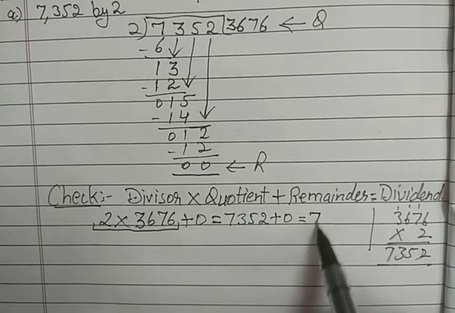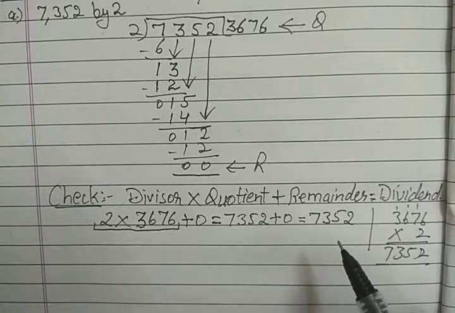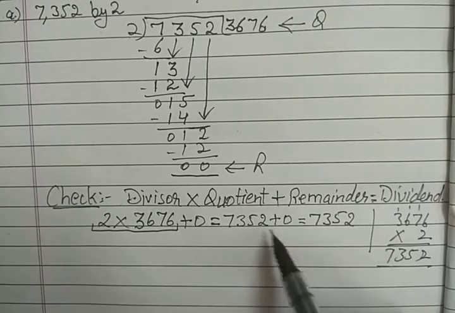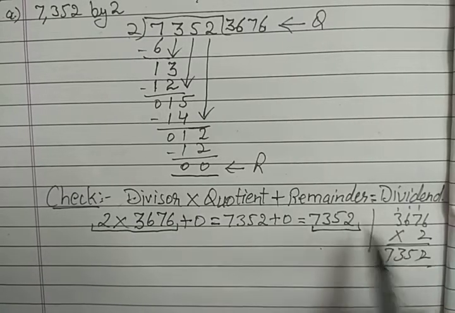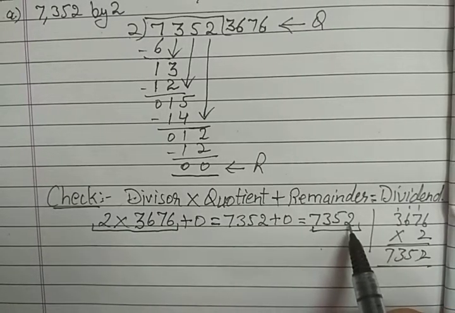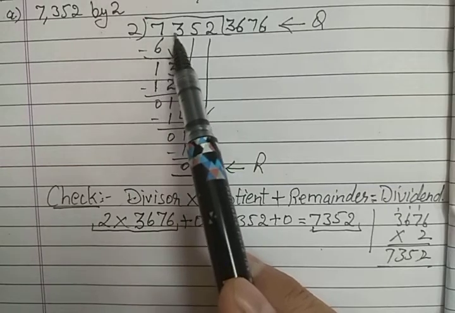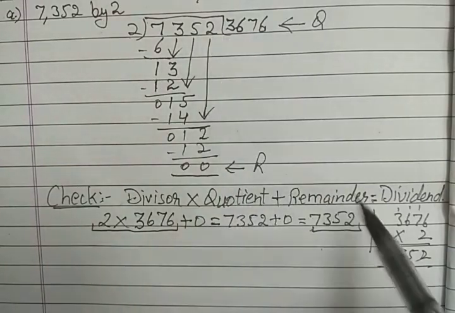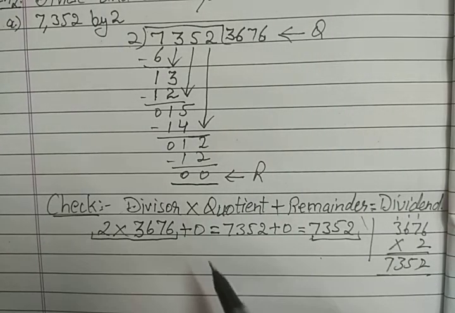Whenever we add 0 to any number, we get the number itself. So the answer is 7352. Is it equal to the dividend? Check it. What is our dividend? 7352. Both of them are equal. Yes, our answer is correct.